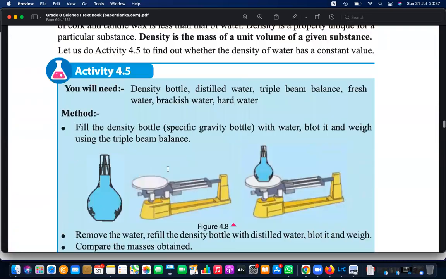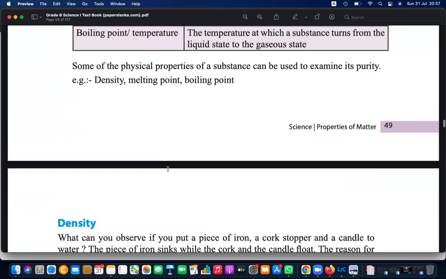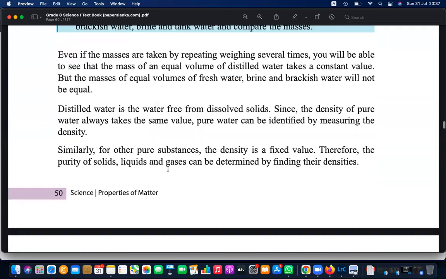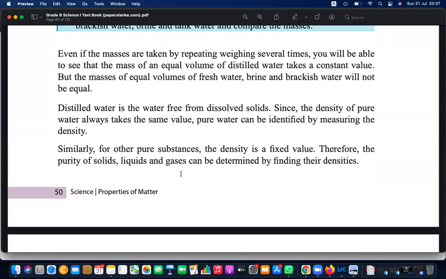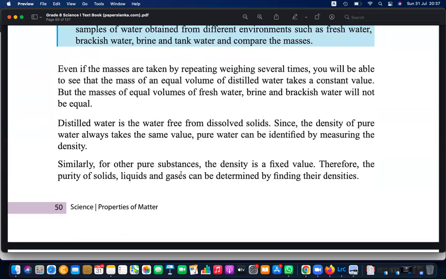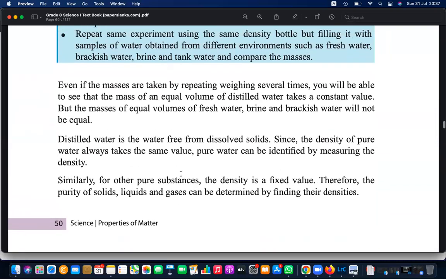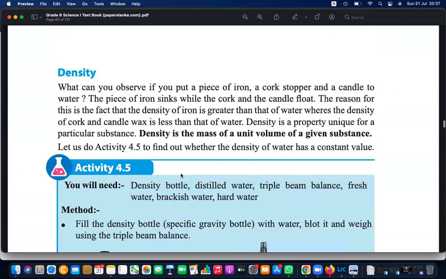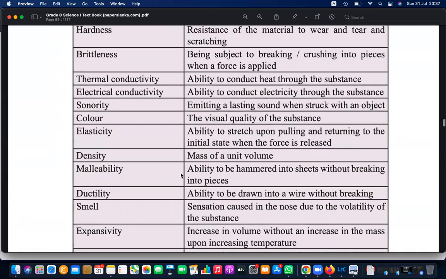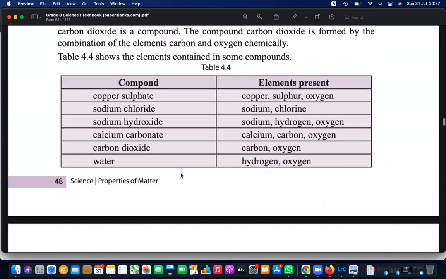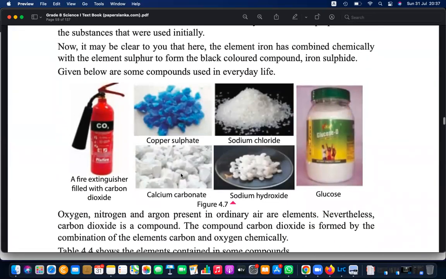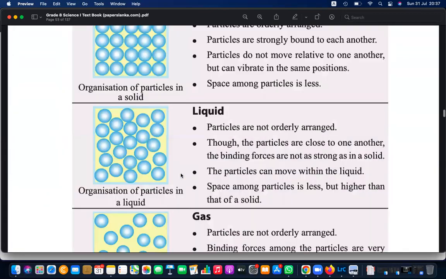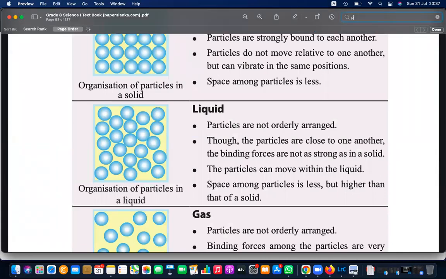So, pure substance and non-pure substance. Let's discuss the purity.